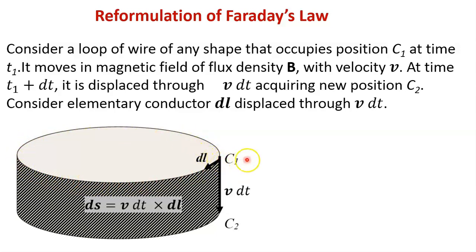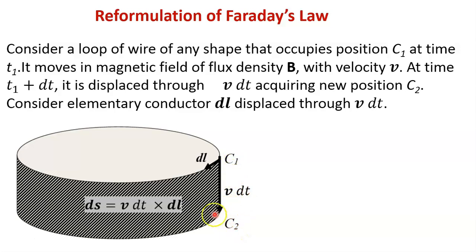The position is being represented by C1, and it is displaced with velocity v bar in this direction, and in time dt it travels v bar dt displacement and acquires new position C2.